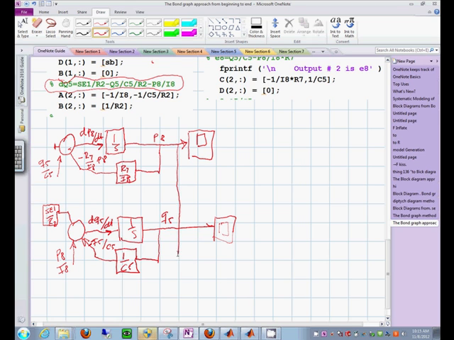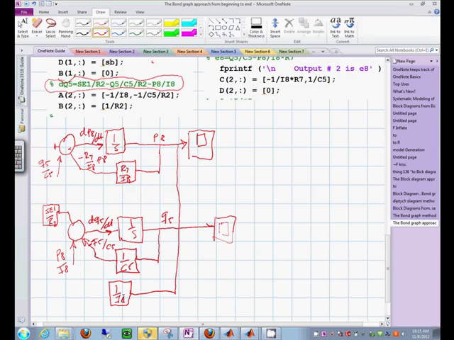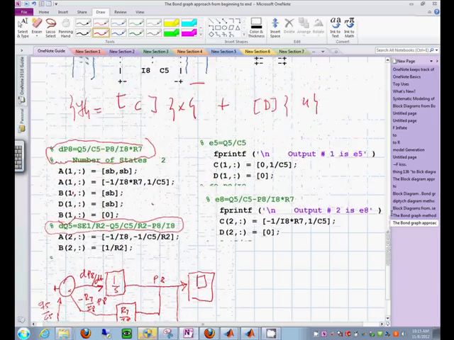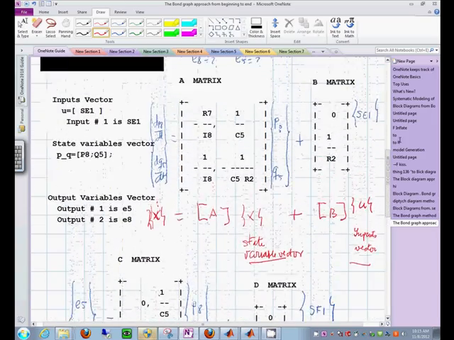So if you bring it down here, multiplied by 1 over I sub 8, you can complete that. But this one in here comes from this one, see? So you come here and then multiply by 1 over c sub 5 and you complete this one. Okay? So that's the block diagram for these ones.